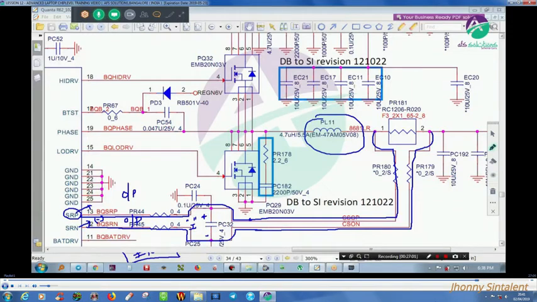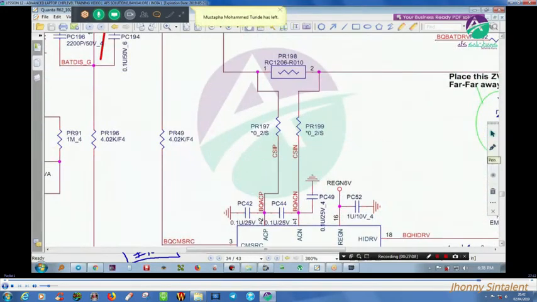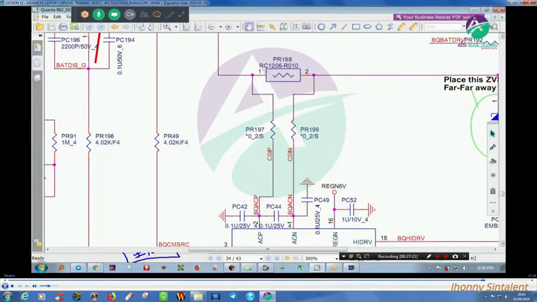The same filtration of current I will show you here also. You can see a filtration of current here also. So positive means positive current filtration, negative means negative filtration of current. So this filtration is used for current, not voltage.